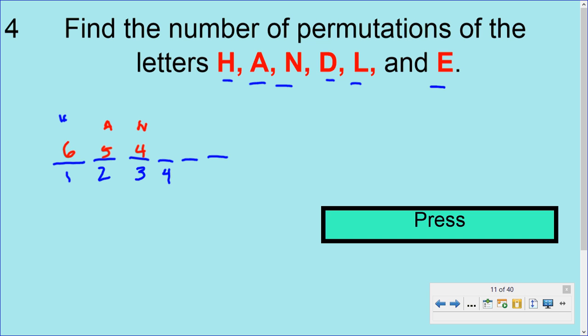If you see the pattern in order, for the 4th spot, I'm going to have the D hold this spot because there are 3 letters left, and the L hold the 5th spot, and the E hold the last spot. And I have different letters each time in all 6 of those spots.